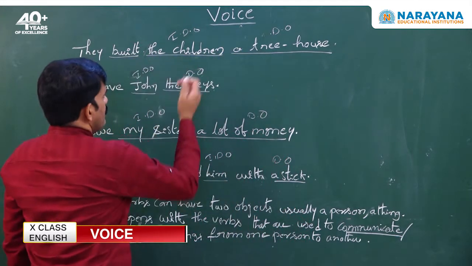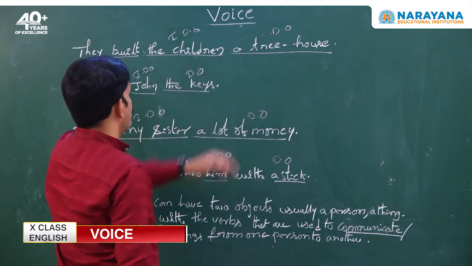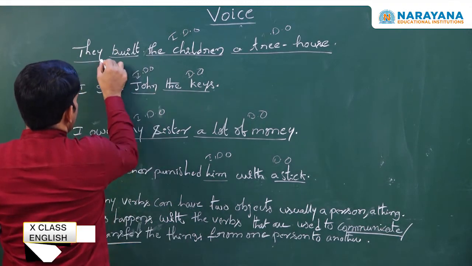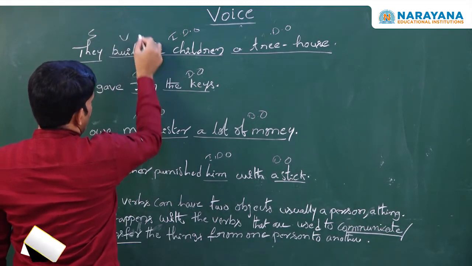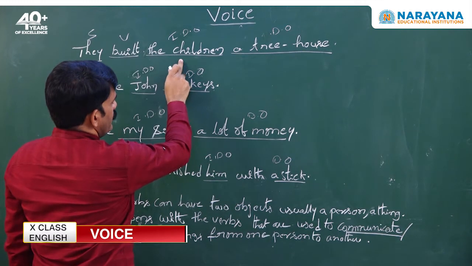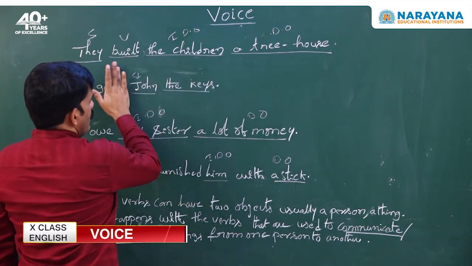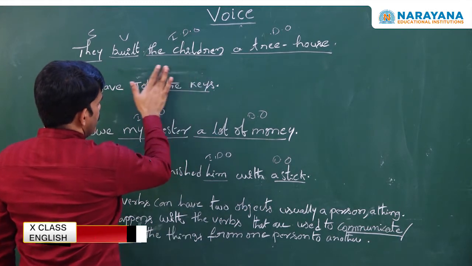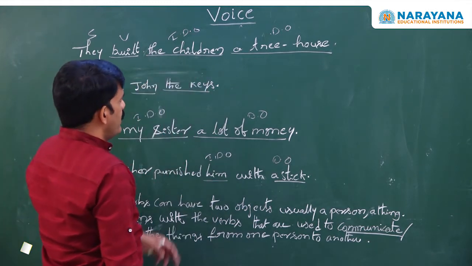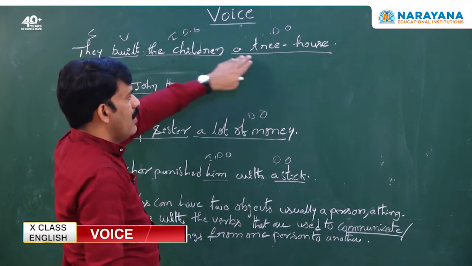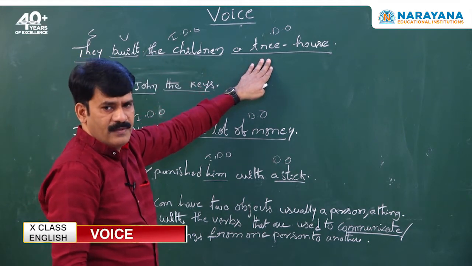They built the children a tree house. They is the subject, built is the verb, the children is the indirect object, a tree house is the direct object. With what should I start my sentence in passive voice? Should I start my sentence with the children or with the tree house?